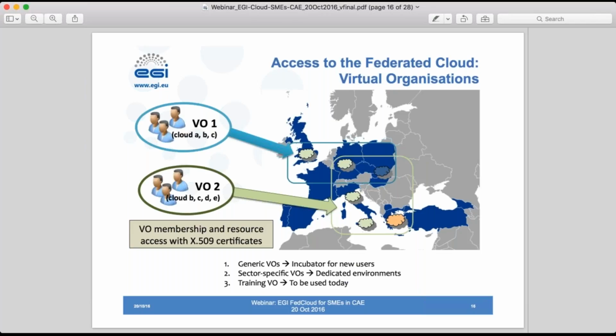We're able to create these dedicated environments specifically for you. So the types of tools and services and software which you want to use, we create the individual environment for you. And this access is provided through digital certificates, so X509 certificates. And we have a number of different virtual organizations that we set up. So generic ones, for incubators for new services.